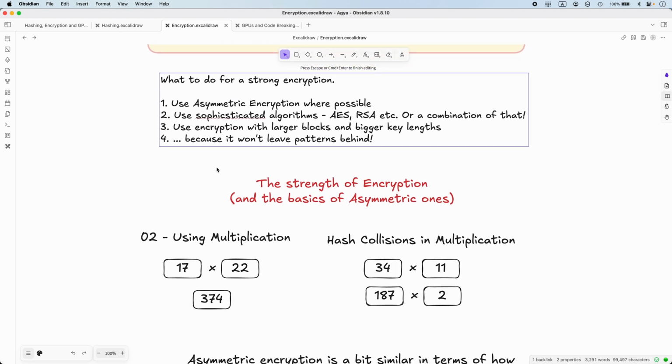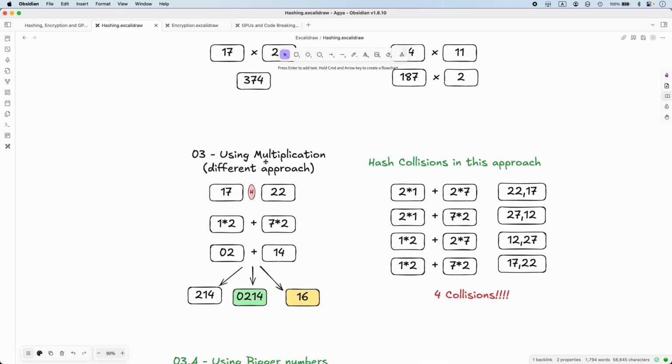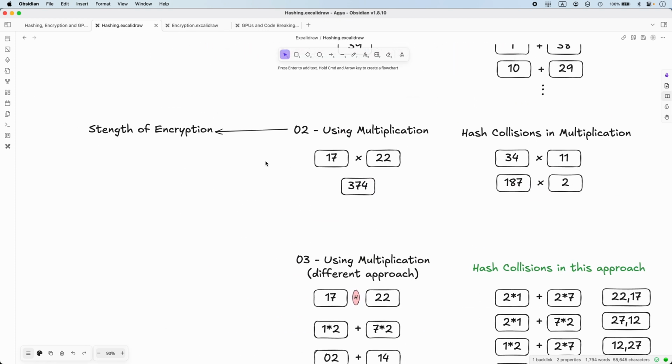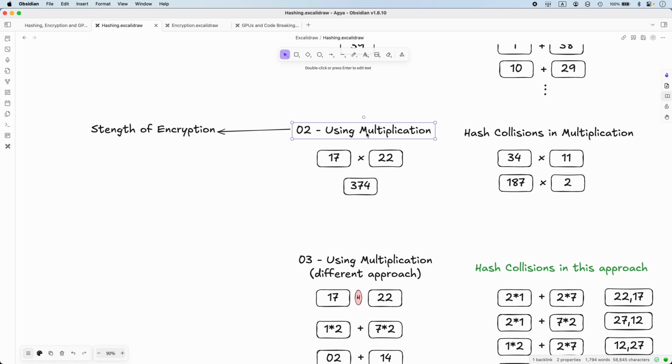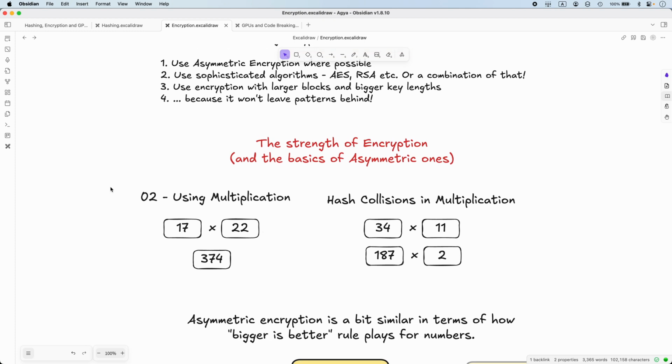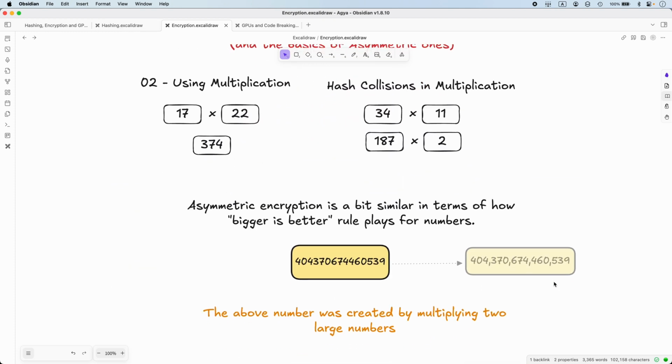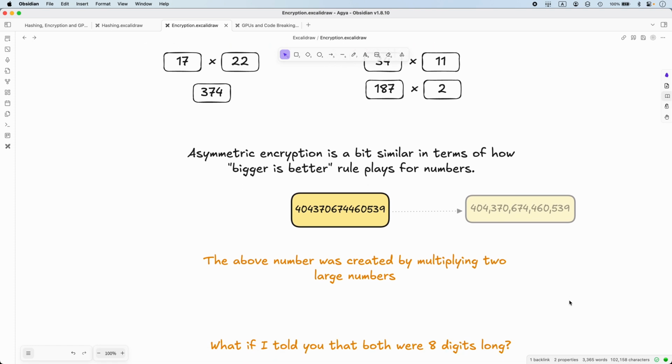So now let's talk about the strength of encryption. If you go back to hashing, somewhere I had written strength of encryptions, and I told you about the primes, right? 17 is prime and 22 is factorized into 11 and 2 only, so 3 combinations. I'm repeating that again. Asymmetric encryption is a bit similar in terms of how bigger is better for numbers, and we have already shown you that example.